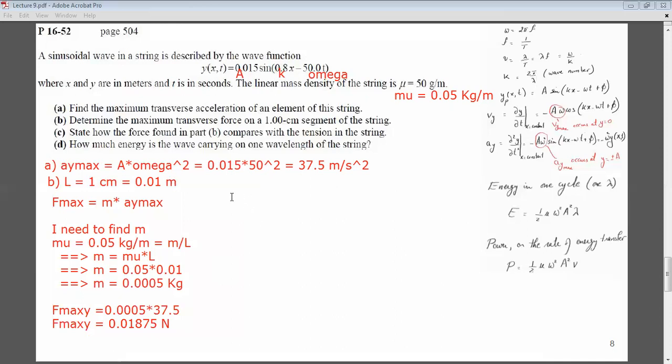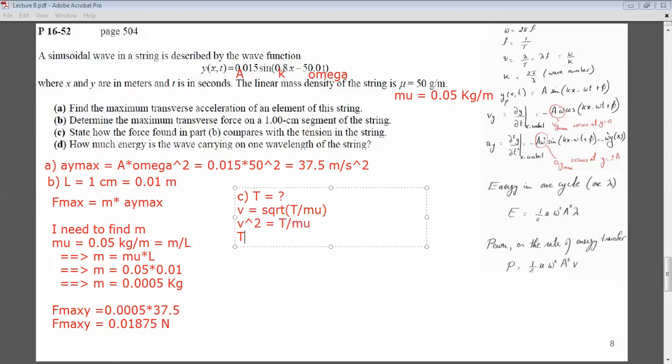Okay. Part C. State how the force found in part B compares with the tension in the string. So here we want to calculate the tension. You have to remember the formula: v is the square root of tension over mu. I square both sides, so v squared is equal to tension over mu.